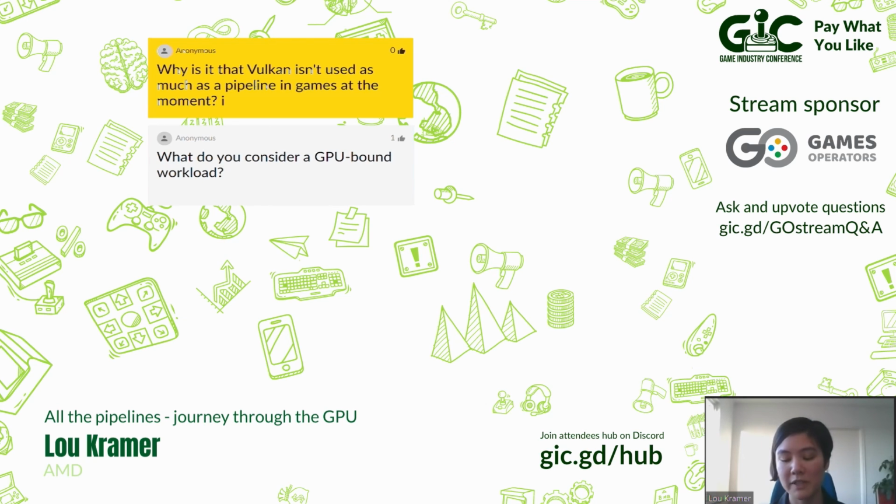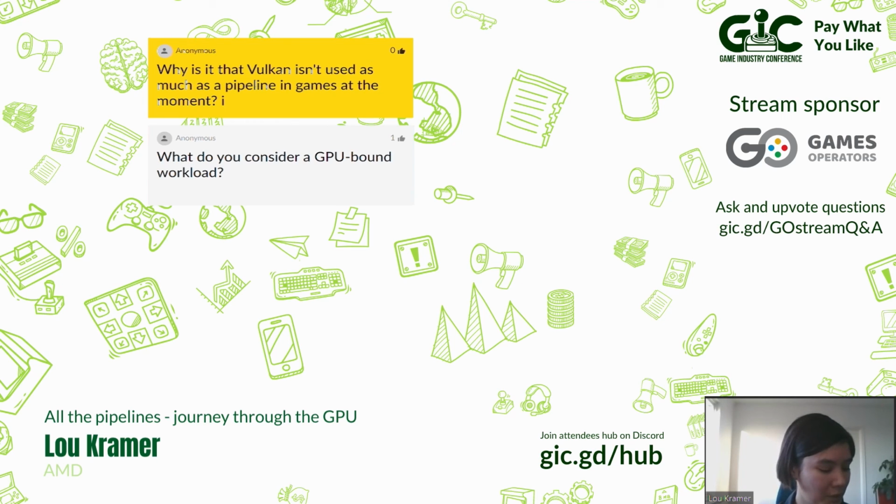And one major factor is the platforms the game needs to be run on. So for PC, you can use Vulkan, DirectX 12, DirectX 11. But for example, for the consoles, you're kind of restricted. Also, if you want to use some cloud gaming platforms, it's actually kind of determined by the platform which API you have to use. And this usually is a high factor in which API the game chooses.